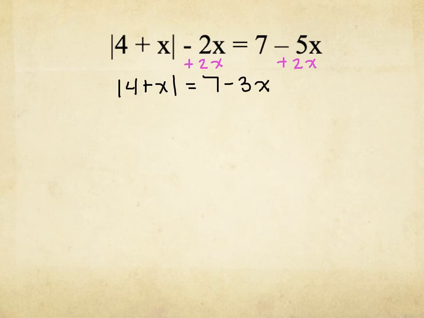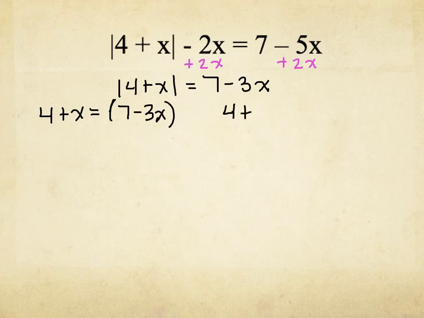Okay, so here it's like having a positive solution. So we're going to split it up into two groups. We have 4 plus x equals 7 minus 3x, and 4 plus x equals negative 7 minus 3x.